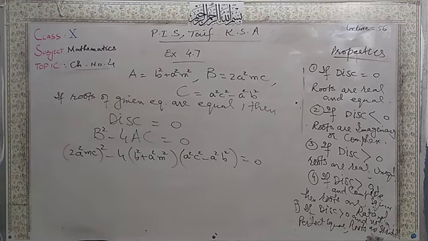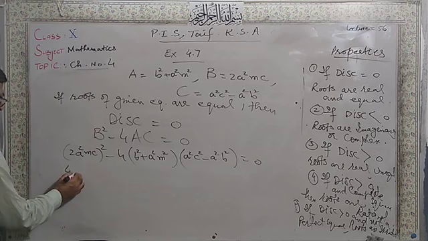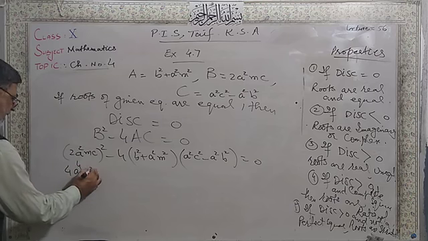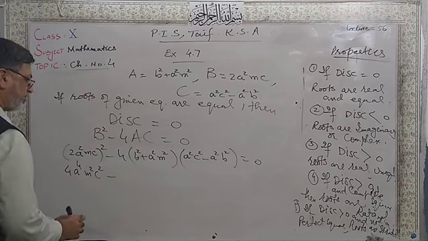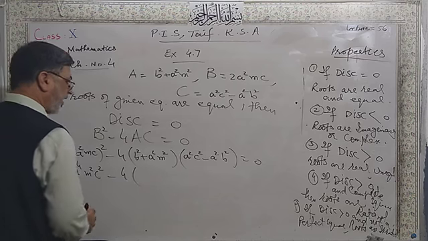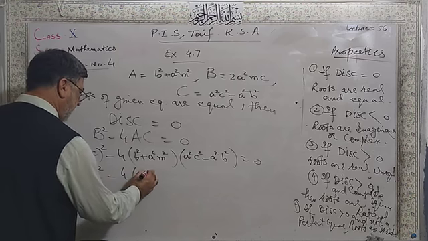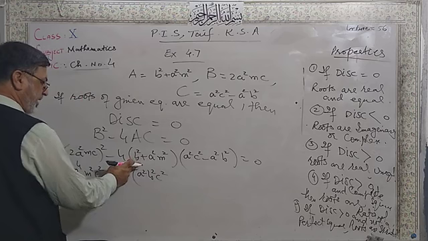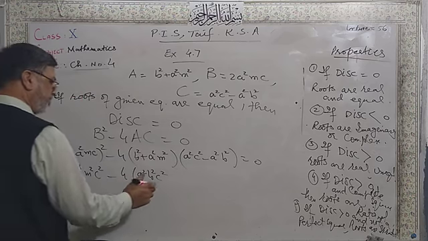Dear students, open up the formula of square and this square will be on all. That is 4a4 m square c square minus 4 into a square b square c square. Take this b square and multiply them.